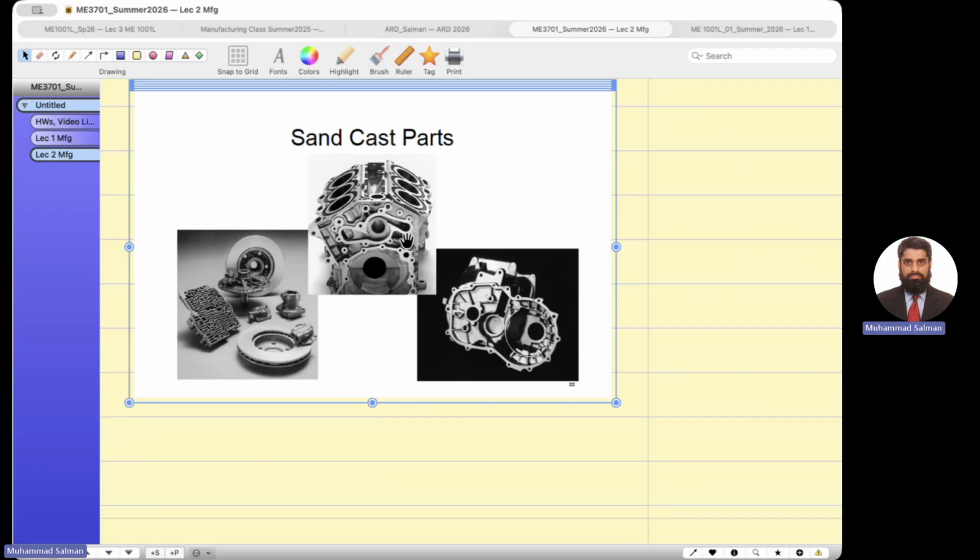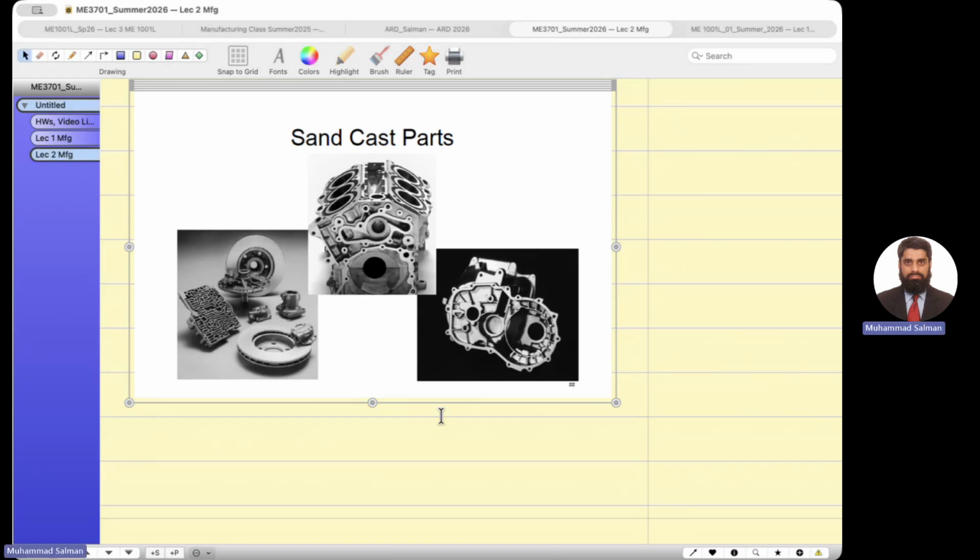This is the block of a V6 engine, and then these are the rotors of the brake system, some heat exchanger system, some transmission gears, these transmission blocks. These are all cast. You see millions and millions of cars on the roads. They are all using the sand casting process. So that's a very important process.